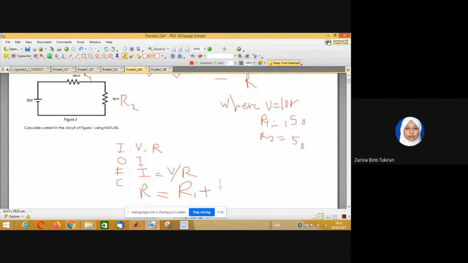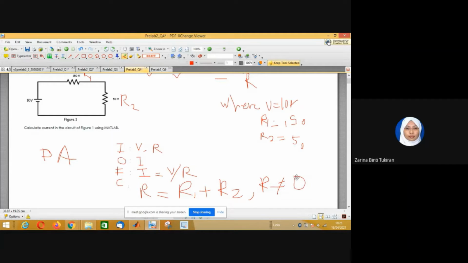So this is the second step, the data analysis in SDM, where you need to identify the input, output, formula, and also the constraint. R must be R1 plus R2 and R must not be 0.